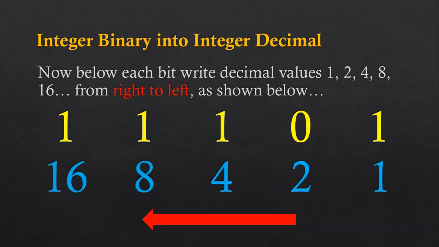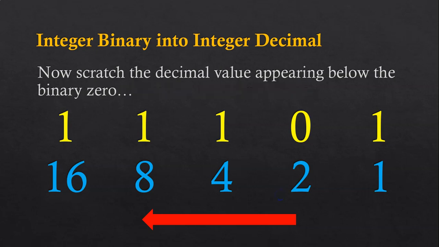If our binary number is longer, then you have to proceed. After 16, we will write 32 below the next digit, and so on. Now scratch the decimal value appearing below the binary 0. Since this binary number contains only one 0, we have to scratch this 2, which is the decimal value, like this.